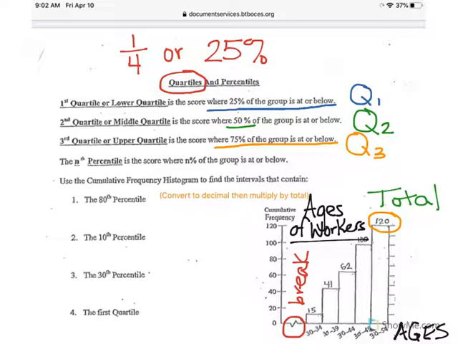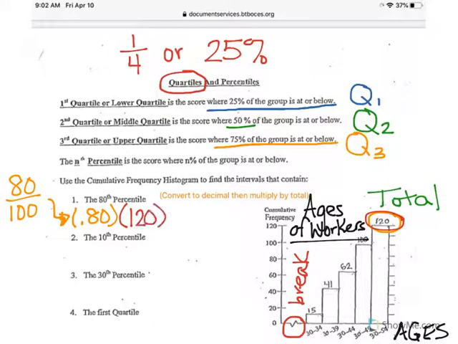So if we convert 80% to a decimal, that's going to turn into 0.8 or 0.80. Remember, if you take 80 divided by 100, because all percents are out of 100, that's how you get your decimal version, 0.80. And you're going to multiply that by the total, and the total, we said, was 120 people in this particular set of data. So when you multiply 0.80 by 120, you should end up with 96.